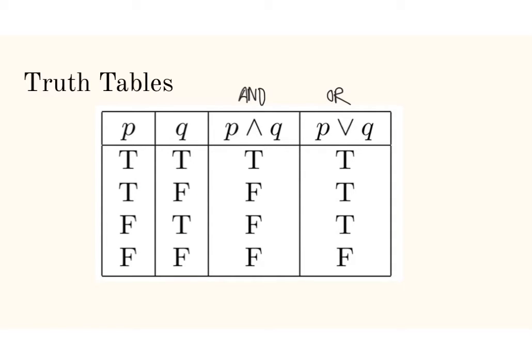If both P and Q are false, we're going to get that P and Q is false, P or Q is also false. Notice AND has 3 falses and 1 true. P or Q has 3 trues and a false. This is the inclusive or, the disjunction. And so what we have is that the logical AND is kind of more restrictive, more exclusive.